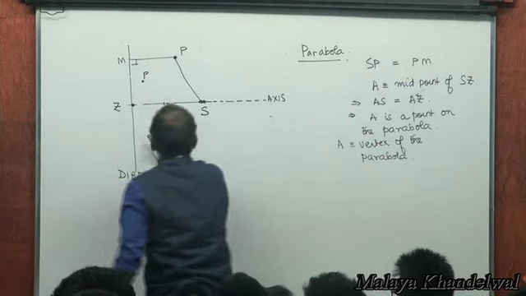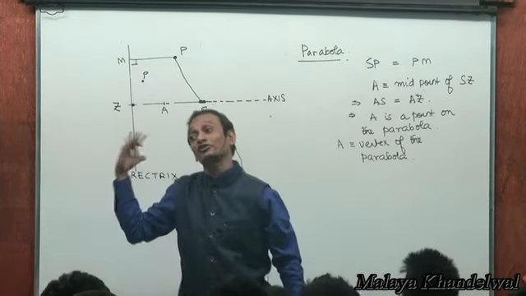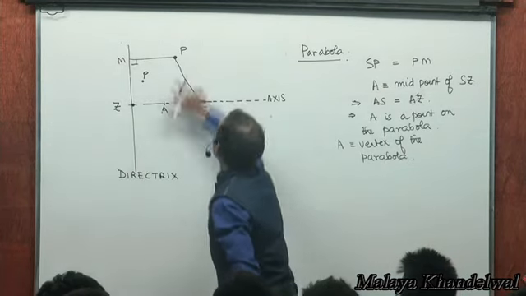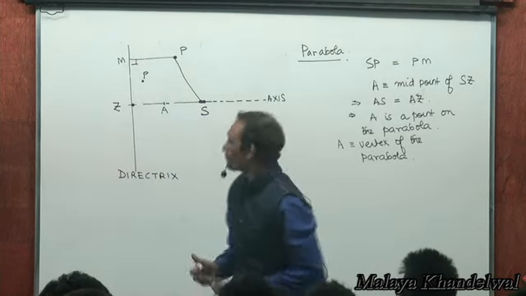So no point to the left of A in this configuration will ever lie on the parabola. That means the entire parabola will lie only to the right of A in the plane. You got me?